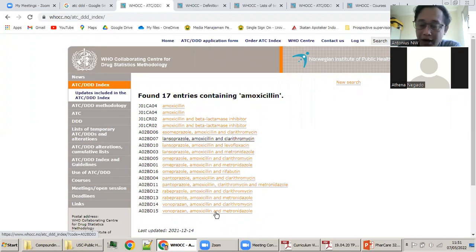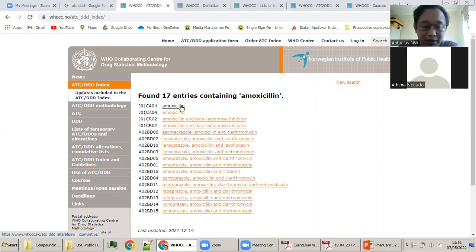They are used to treat the infection of Helicobacter pylori in the gut, to treat peptic ulcer disease. There are even some four-drug combinations, but usually the three-drug combinations are the best.